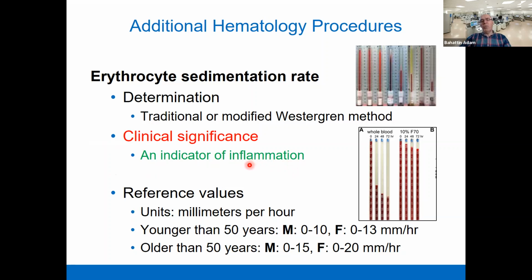Now, these are erythrocyte sedimentation pipettes. You are going to take whole blood into these tubes, stand them, and leave them for 1 hour, and then you are going to give a result in millimeters per hour.